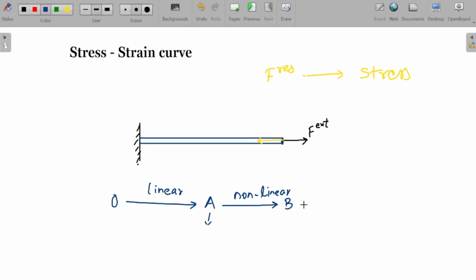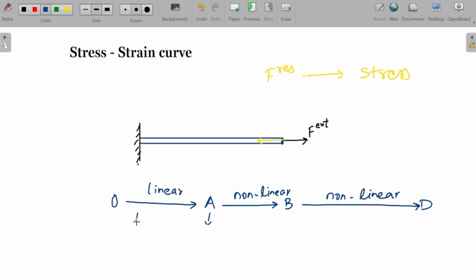Then from B to, let's say, the next point D, there will be large strain, and up to D it happens in this way. Again the plot will be non-linear here, and this material is not obeying Hooke's law now.